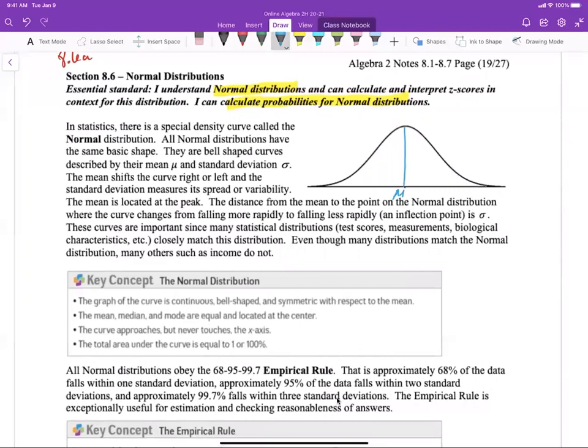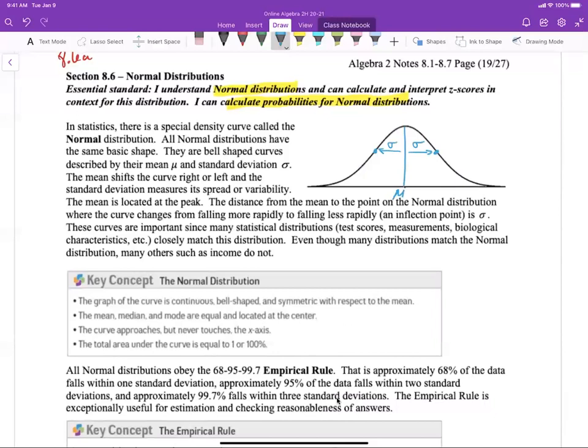And that sigma location is approximately right where the inflection point is located, where the curve goes from concave up to concave down. And so this is one sigma away from our mean.